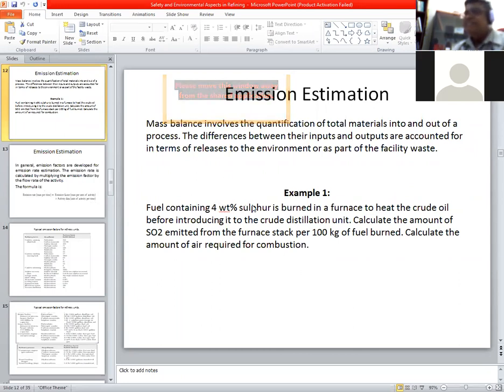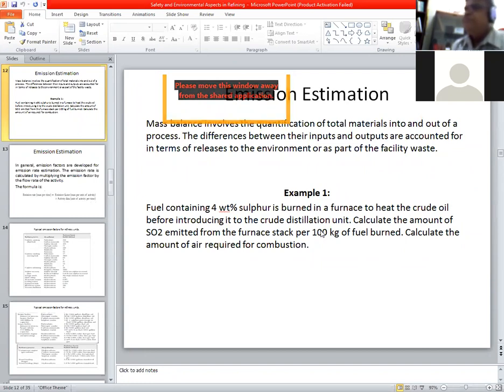Because this is what percent is given sulfur, right? So first step, amount of sulfur in fuel equal to 4 over 100 times 100. So amount of sulfur in fuel is 4 kg, right?